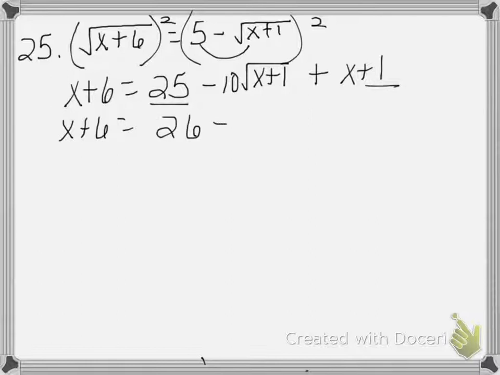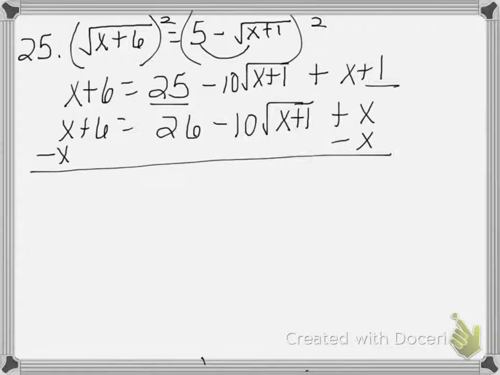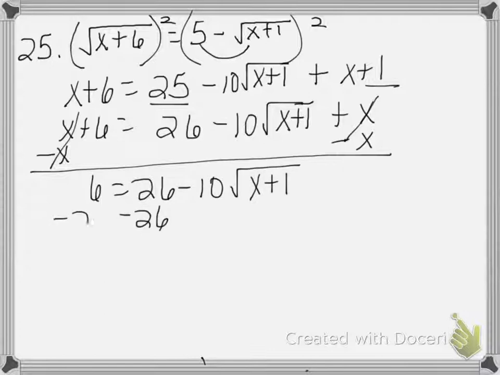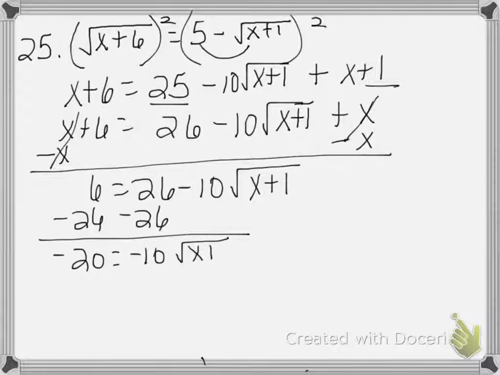Combine like terms. Subtract x on both sides. Then we're going to subtract 26. Divide by negative 10.